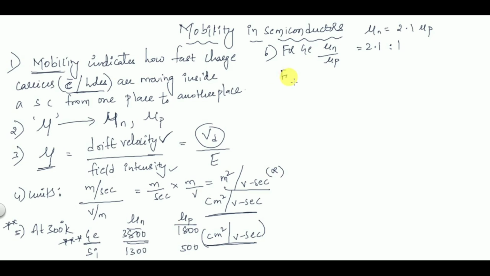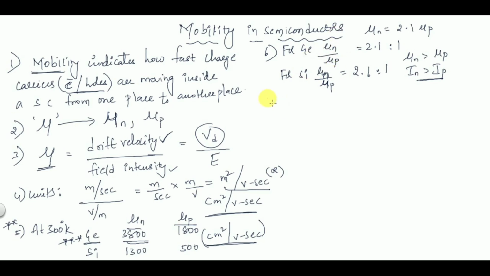And for silicon, mu n by mu p is 2.6:1. So always we have mu n greater than mu p, therefore the current given by electrons is always greater than the current given by holes. This is the reason.